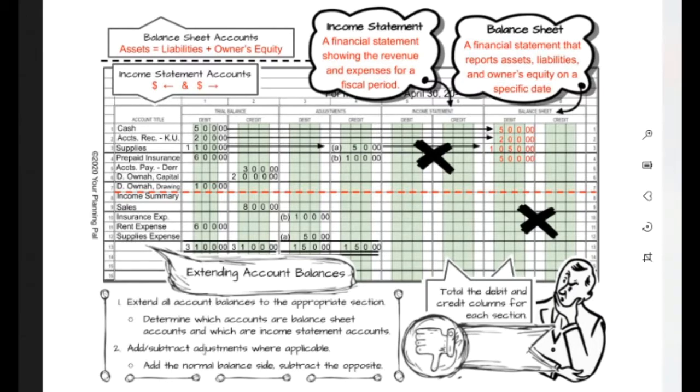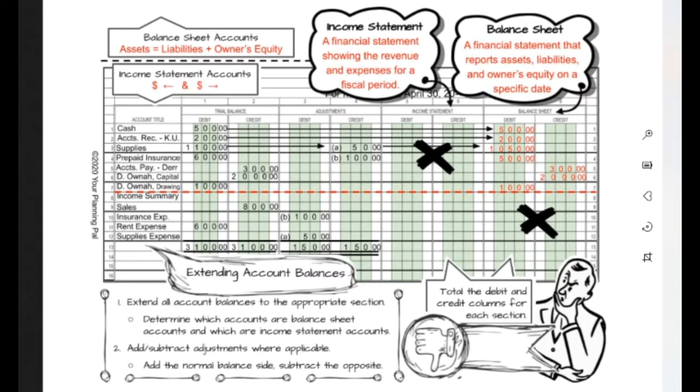So we go ahead and follow it all the way down, and it will be a credit in the balance sheet column. Same thing with capital. We follow that all the way across, and it's $2,000 in the credit column. And then our drawing is $100 in the debit column. So we pay attention to debits and credits, make any adjustments as you go across the sheet. And other than that, you just copy it.